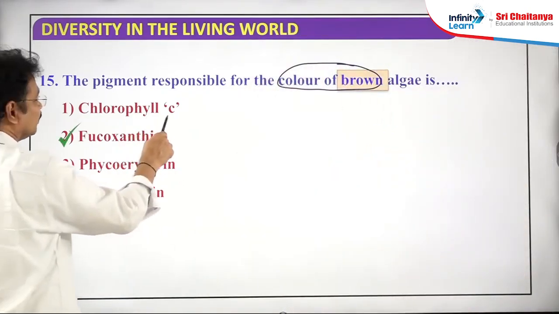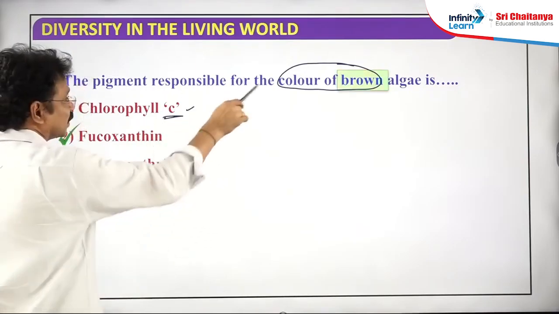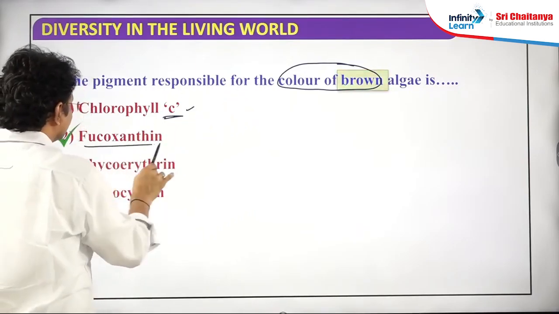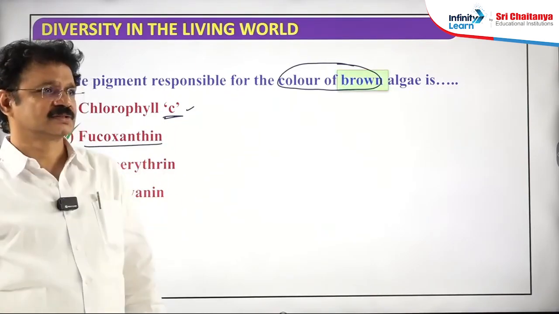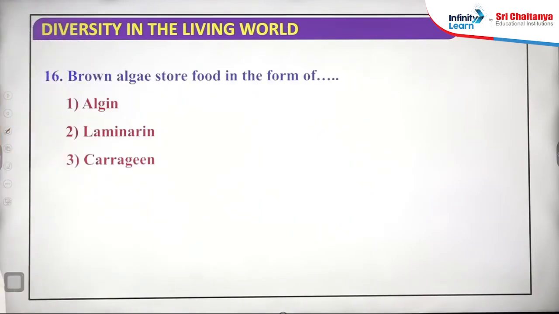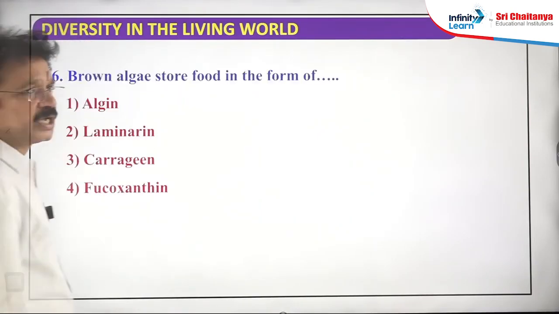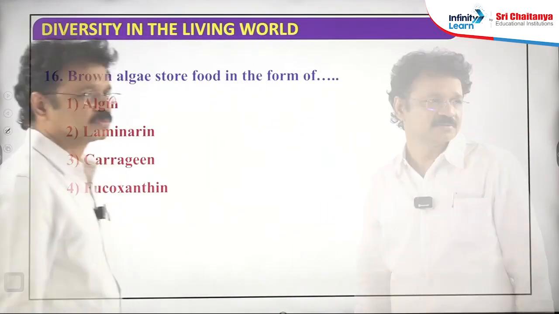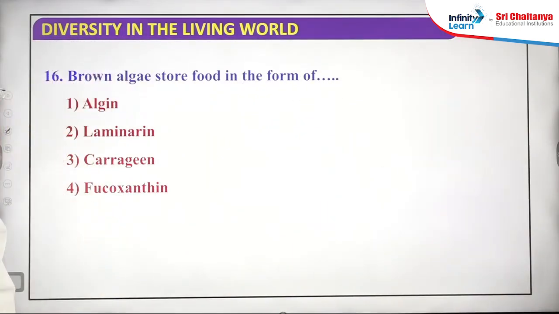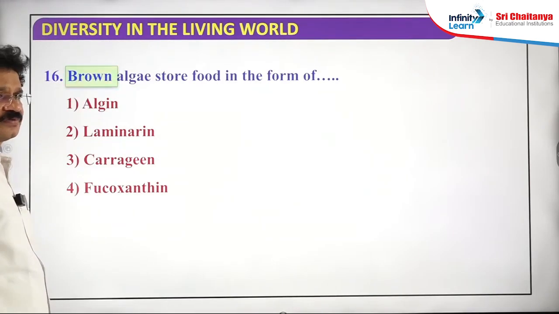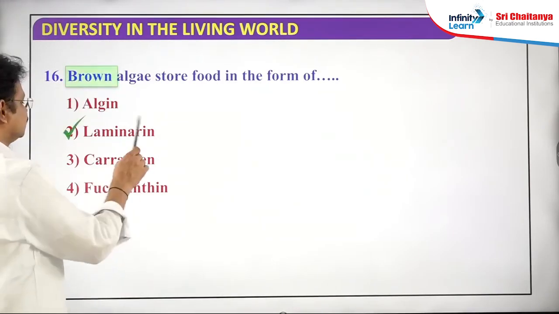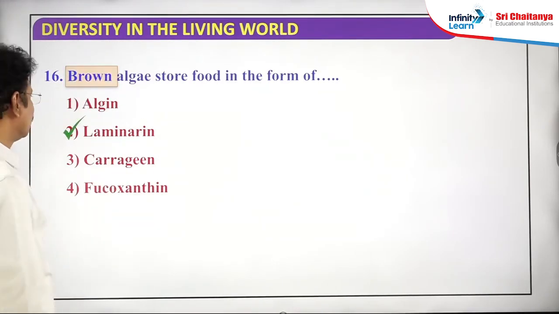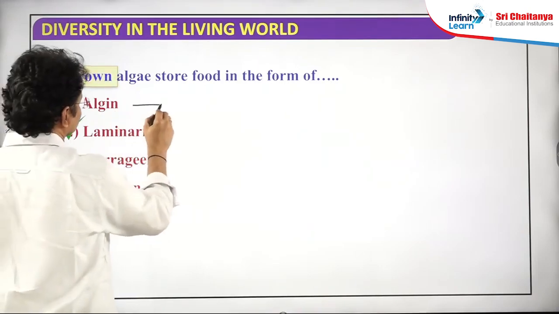A special chlorophyll pigment found in brown algae is chlorophyll c, but the brown coloration of brown algae is caused by fucoxanthin only. Next question. What is the reserve form of food material in brown algae? In what form is food stored in brown algae? Yes, laminarin.